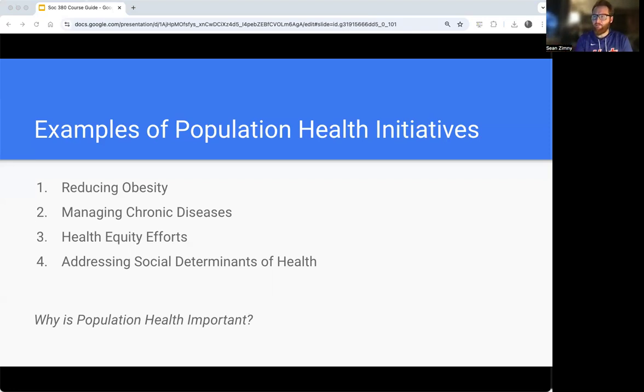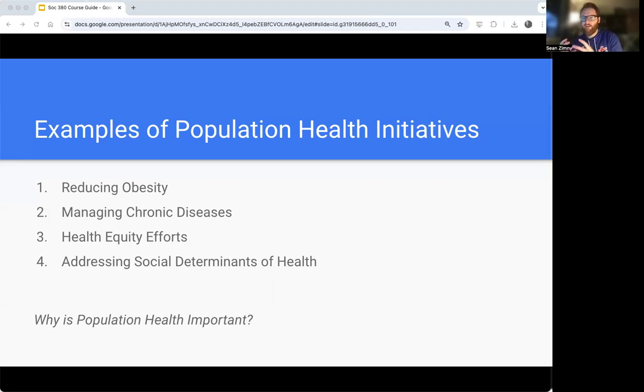And why is population health important? Well, you're going to get improved health outcomes. Focused interventions lead to more measurable improvement, things like lower rates of chronic disease or better maternal health, for example. Cost efficiency as well. Preventing illness, like in the public health importance section, reduces healthcare spending, improving economic sustainability. Health equity is hugely important as well.